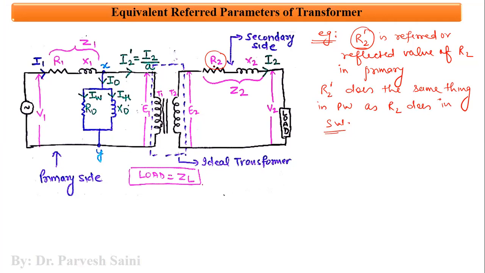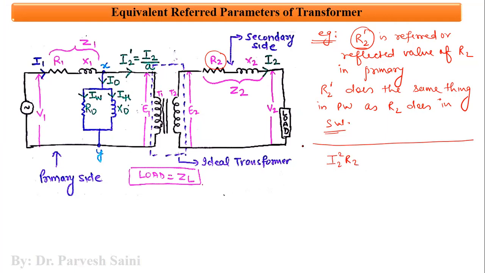Whatever effect R2 has in the secondary winding, the same effect is seen in the primary winding because of R2 dash. So what is the effect of R2 in the secondary winding? The effect of R2 in the secondary winding is I2 square R2.